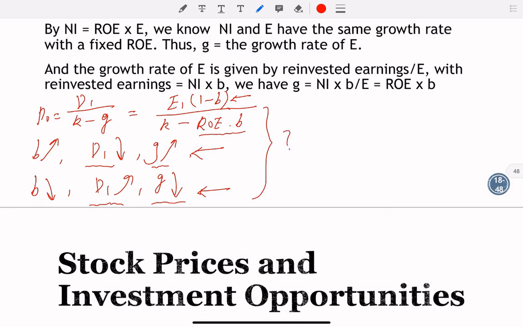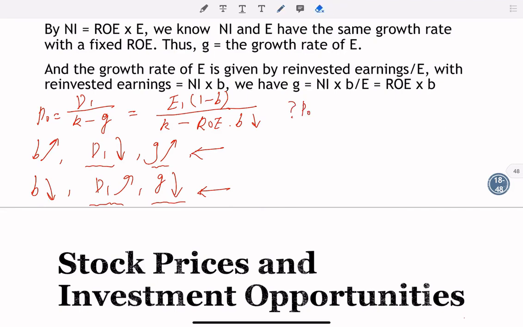If you increase B, the numerator will decrease, and you can also see that the denominator will decrease. So you really don't know how P0 will change, right?